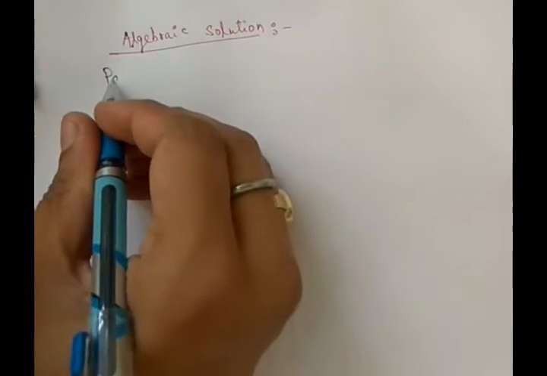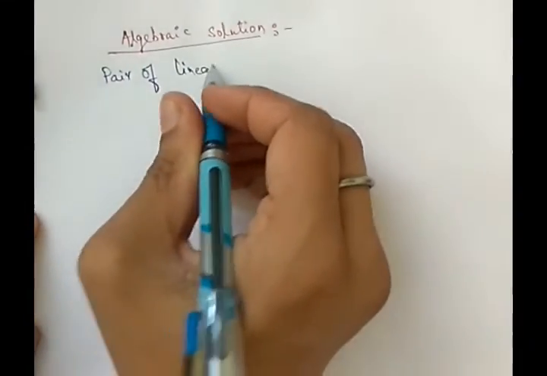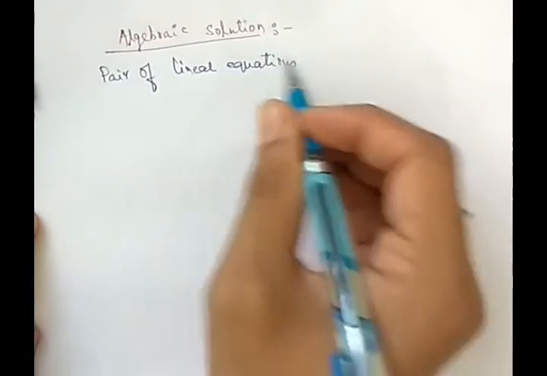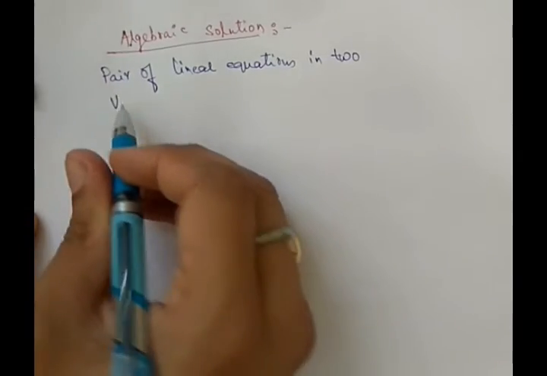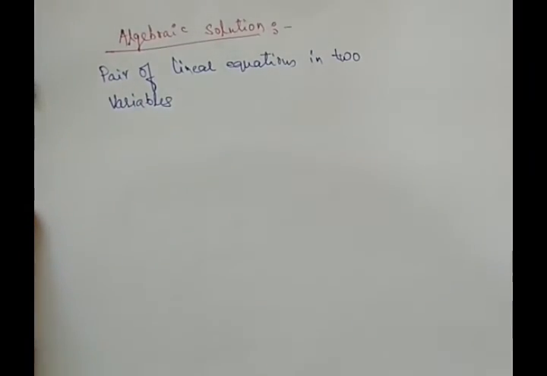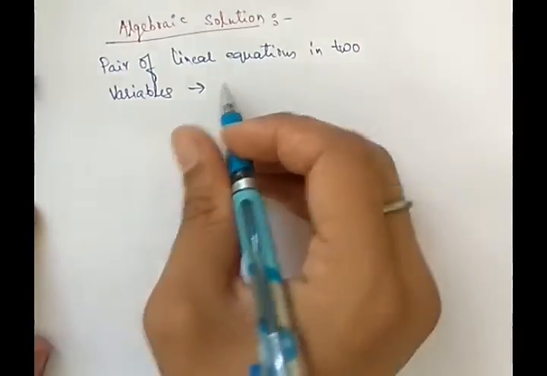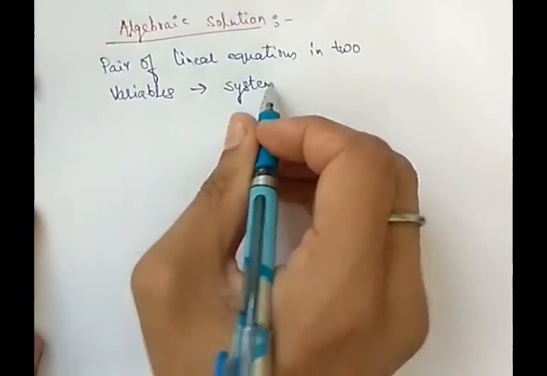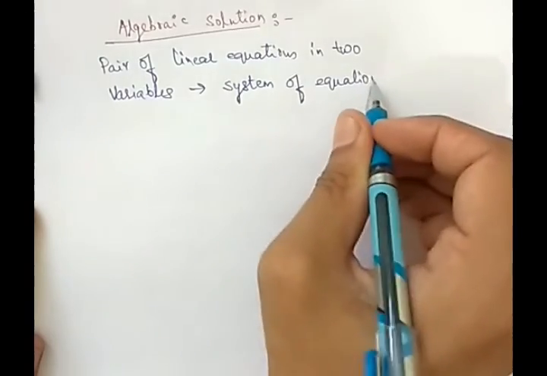So a pair of linear equations in 2 variables is also known as a system of equations.